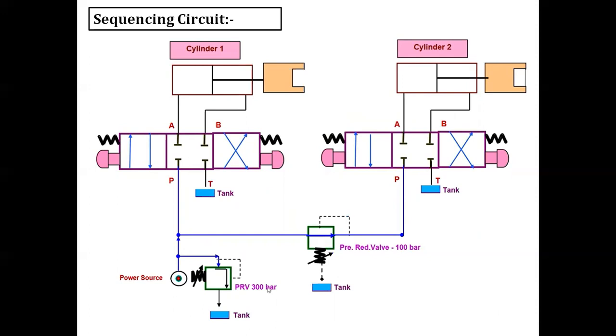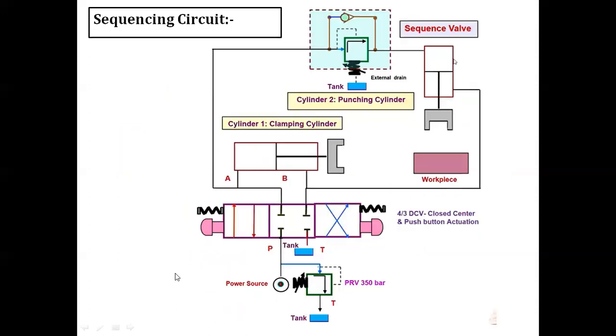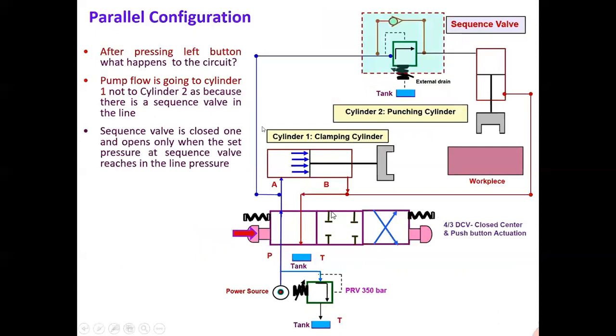In this, at middle position, all ports are closed. Yeah, second cylinder power sequencing. Yeah, PRV at 100 bar. See, this is sequencing circuit like that. So parallel configuration.